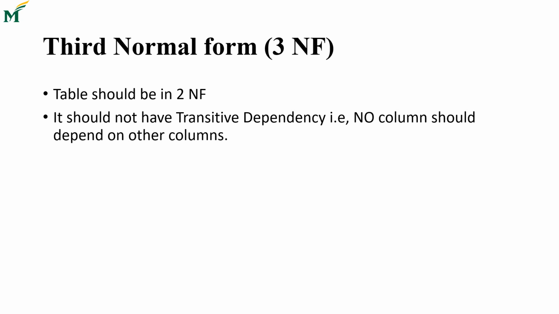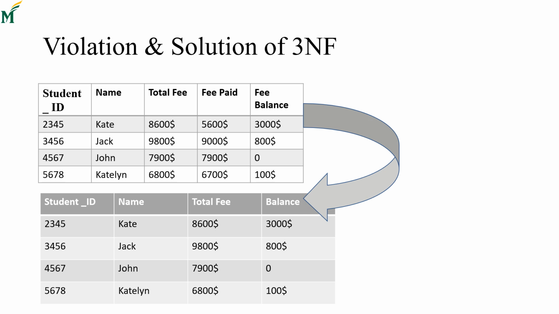Third normal form. The table should be in the second normal form in order to allow for third normal form. It should not have transitive dependency, that is, no non-key column should depend on other columns. Here is an example for violation and solution of third normal form.